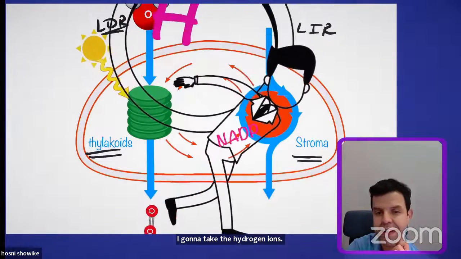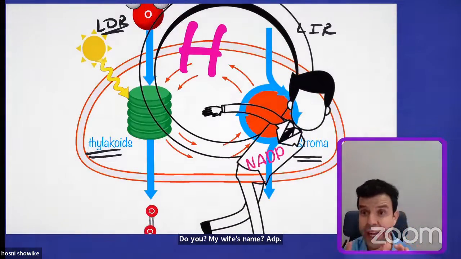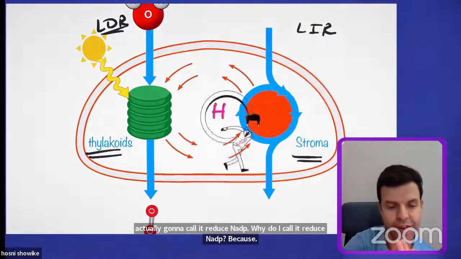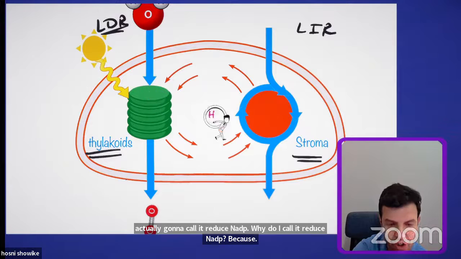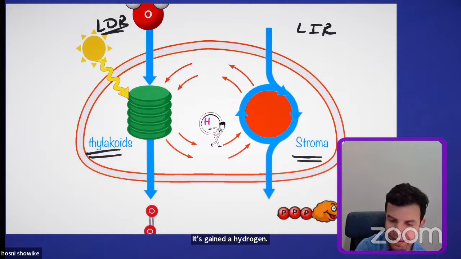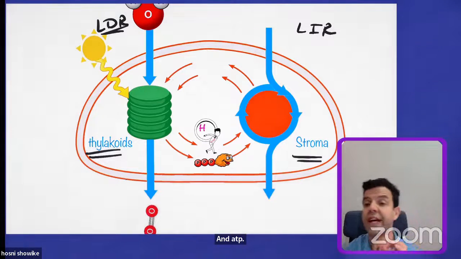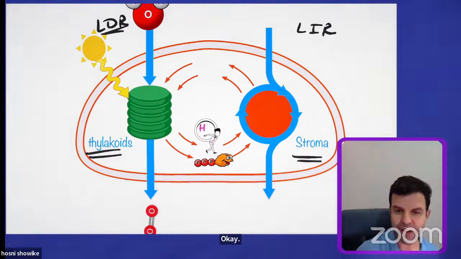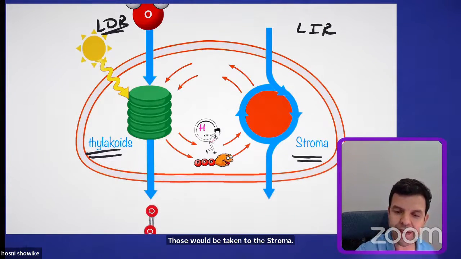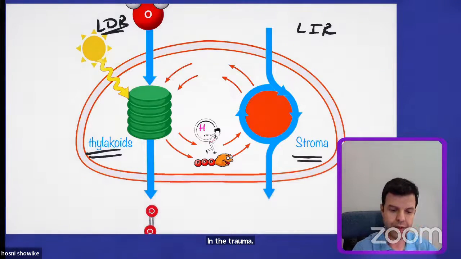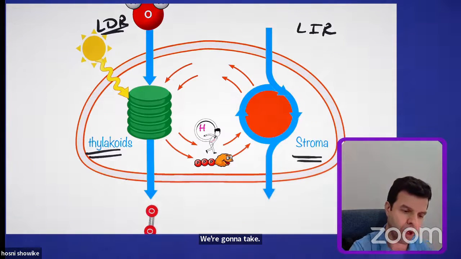NADP. I'm actually gonna call it reduced NADP. Why do I call it reduced NADP? Because it gained the hydrogen. It's coming from here to here, and an ATP. Okay? Those would be taken to the stroma. In the stroma, we're gonna take a carbon dioxide. So I need my carbon dioxide. I lost my carbon dioxide.